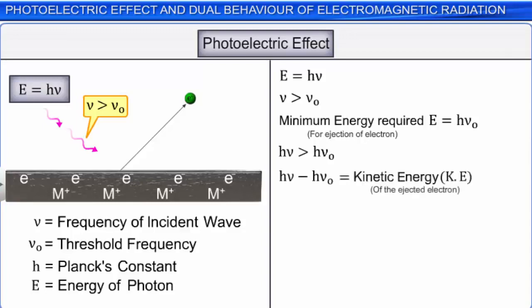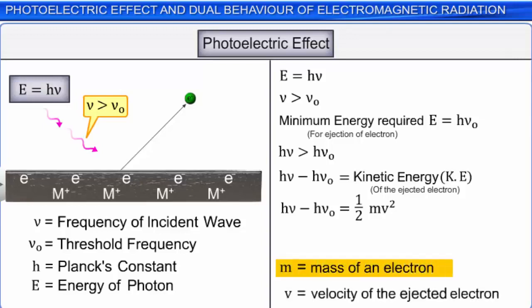Thus, h nu minus h nu 0 is equal to half mv square. Here, m is the mass of an electron and v is the velocity of the ejected electron. On rearranging the equation, we get h nu is equal to h nu 0 plus half mv square.